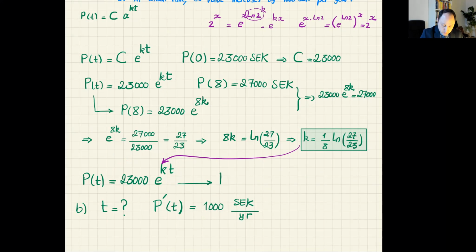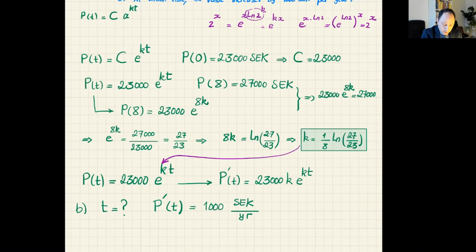You remember 23,000 is just a constant, but this k will go down, so it becomes k, and then I have to repeat my function. So let me remind you of the formula: e to power kx prime, k goes down, and then you repeat your function. The only difference here is that instead of variable x, I have variable t. So hopefully you understand that this is the derivative of p.